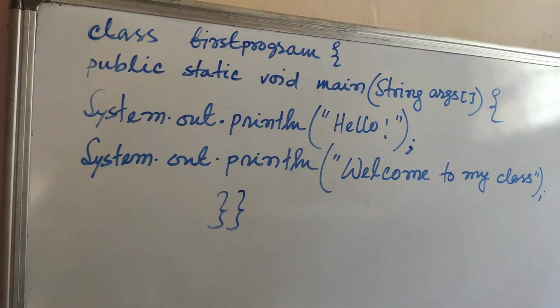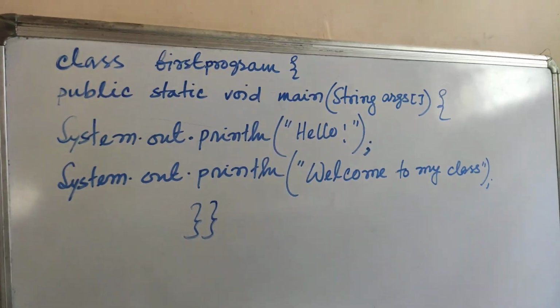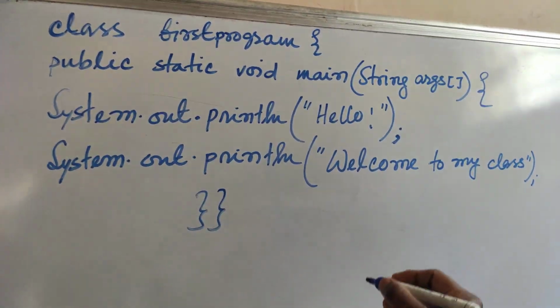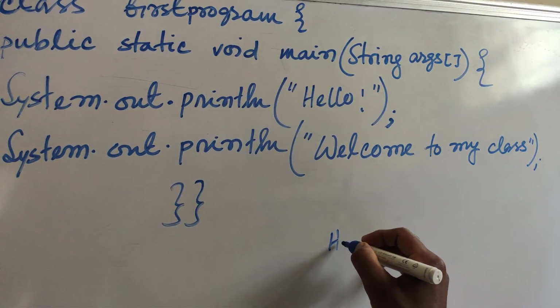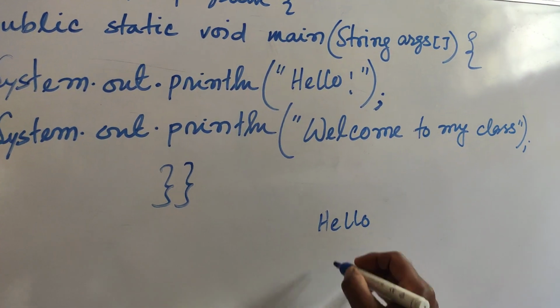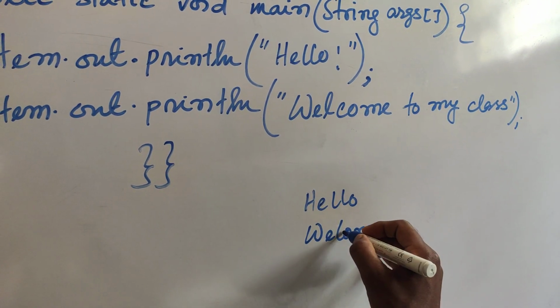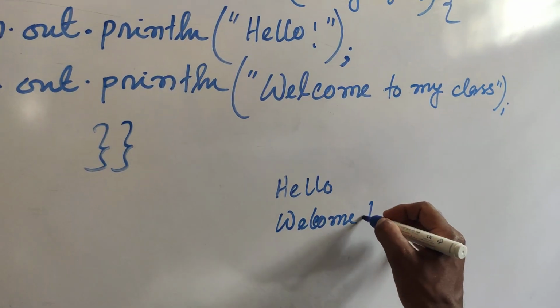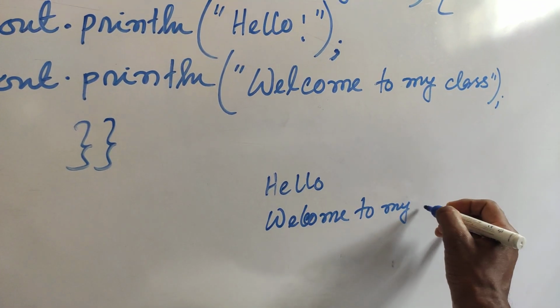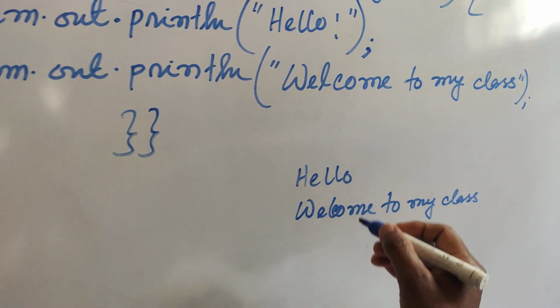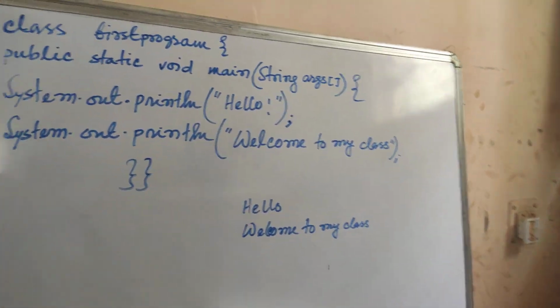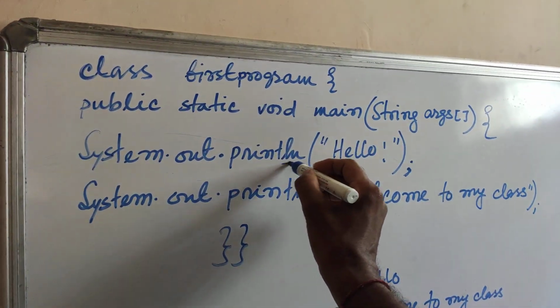After that, you have to run the program. When you run, your output will come. First line hello, second line welcome to my class. This will come in 2 lines, because I am using println.